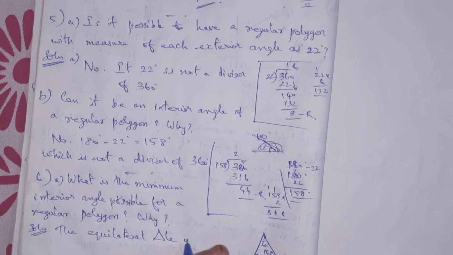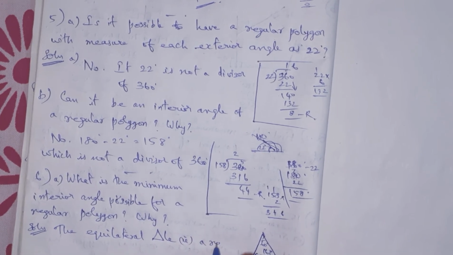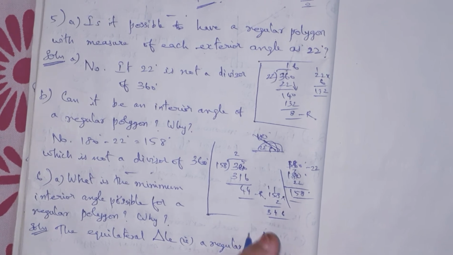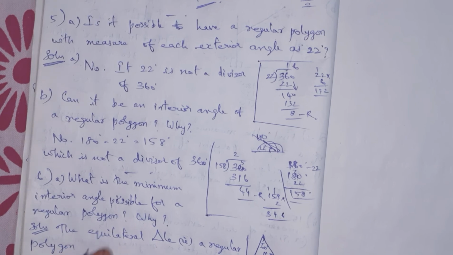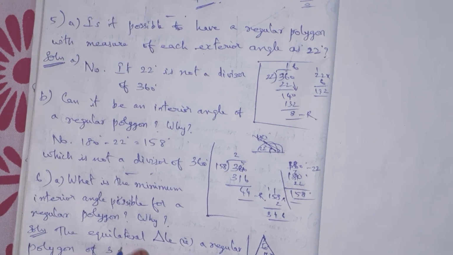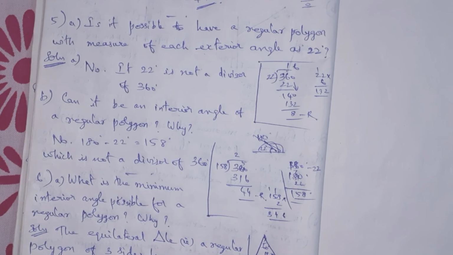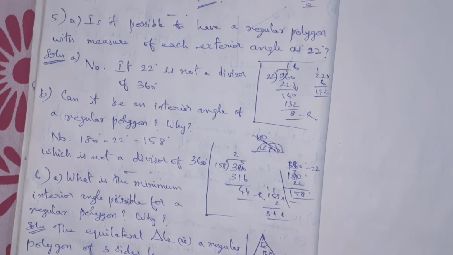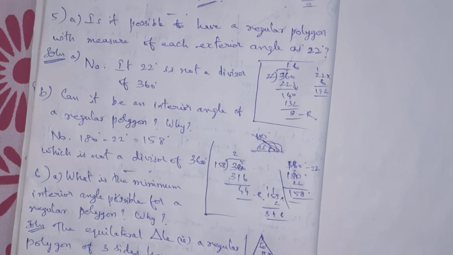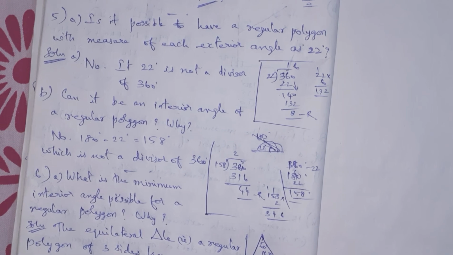The equilateral triangle is the regular polygon with three sides. 180 divided by 3 means we get 60. So this is the minimum interior angle.